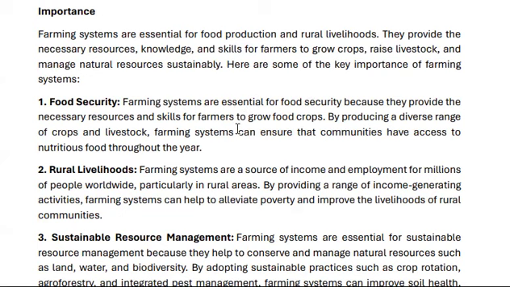Siyempre, by putting up a farming system, integrated farming system, magkakaroon tayo ng supply ng food, which will make us food secure. Then another one, we have rural livelihoods. Farming systems are a source of income and employment for community members.